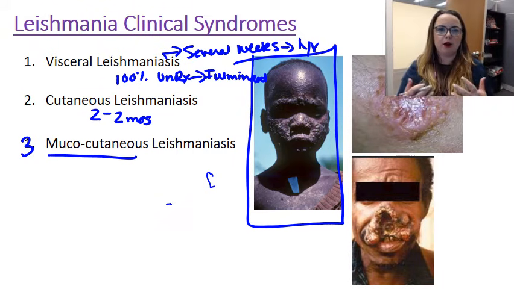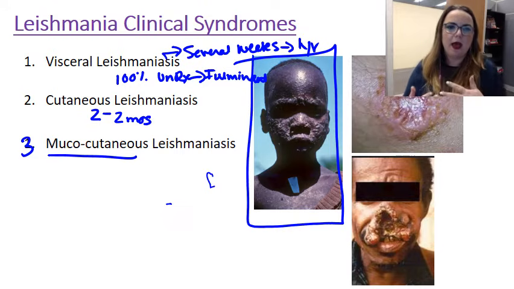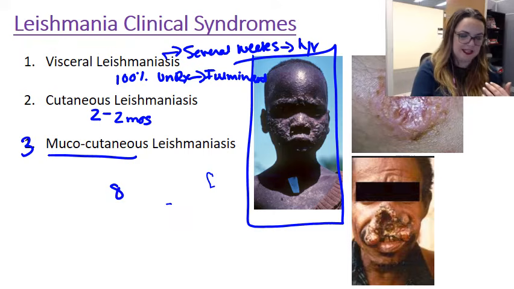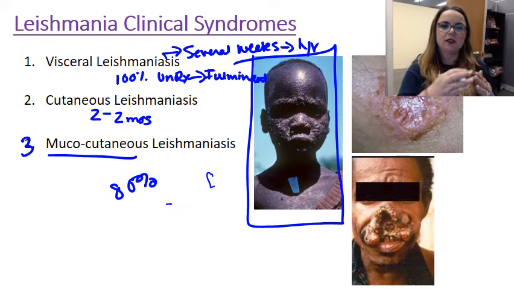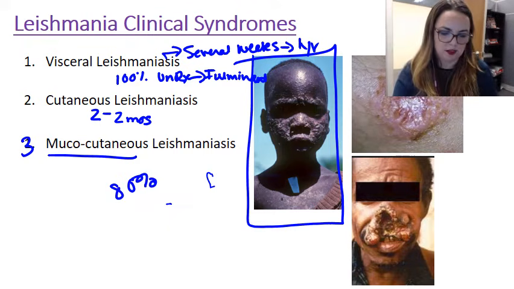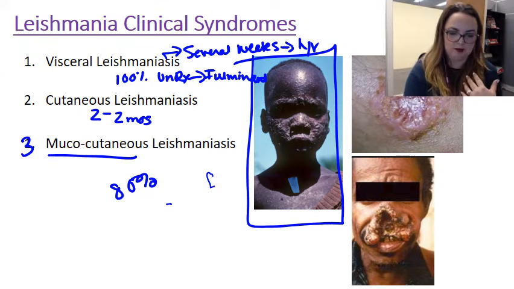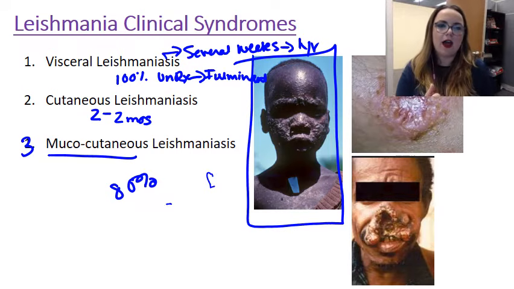Untreated primary lesions might develop into mucocutaneous forms in up to about 80% of cases, and then they spread to the nasal and oral mucosa, which is what I'm showing here, and they can become apparent concomitant with the primary lesion, or they can occur many years after the primary lesion heals.